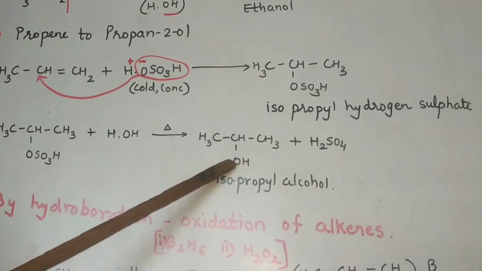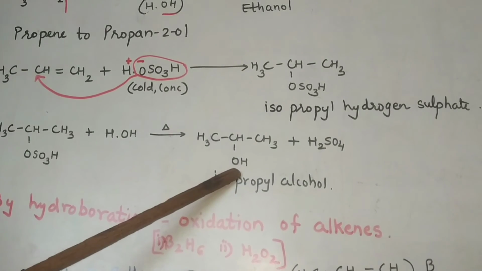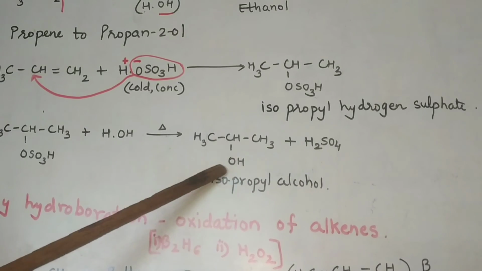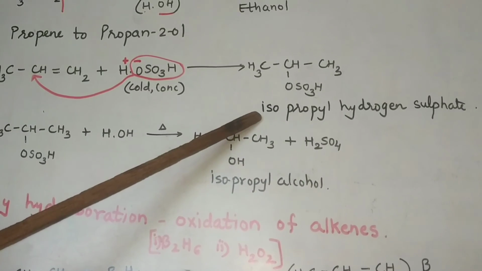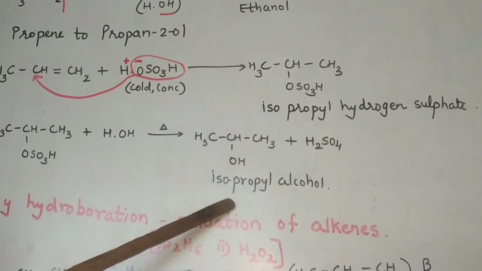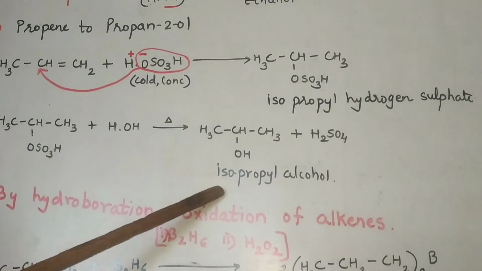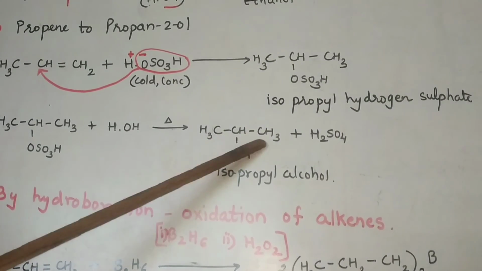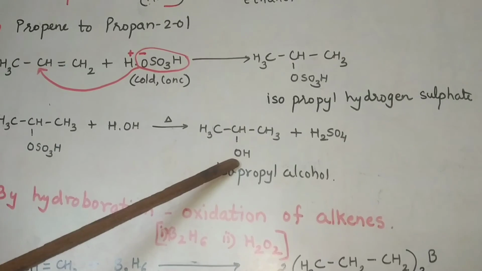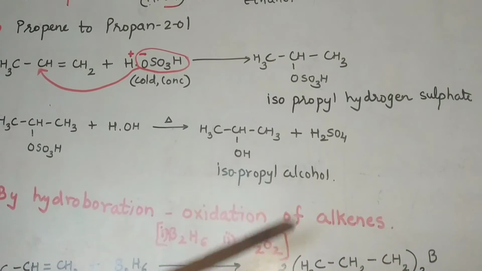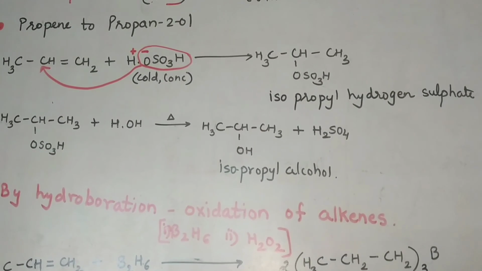So on the central carbon, OH gets substituted, and there is formation of H2SO4. As the intermediate was iso, the product formed will also be isopropyl alcohol. What should be the IUPAC name of the compound? It should be propan-2-ol. This is the IUPAC name of the compound. See, if I have written the common name, try to recollect the IUPAC name of the compound, because we have to give more importance to the IUPAC name.